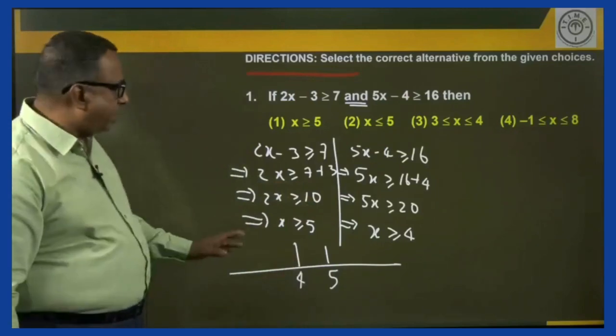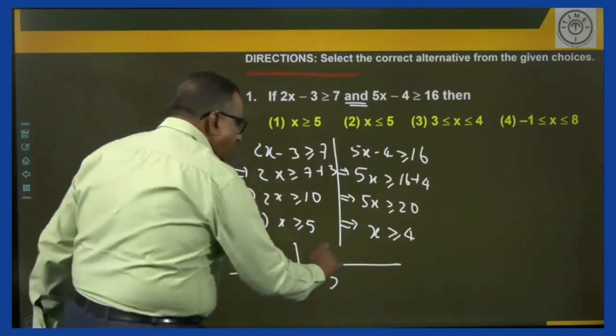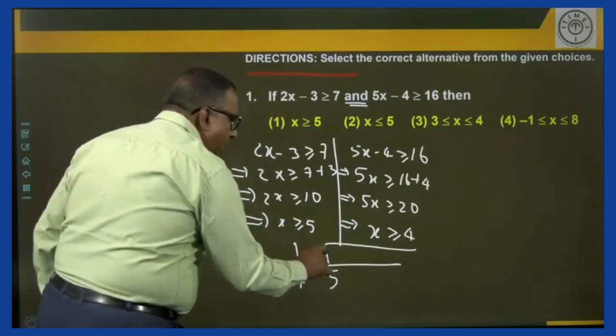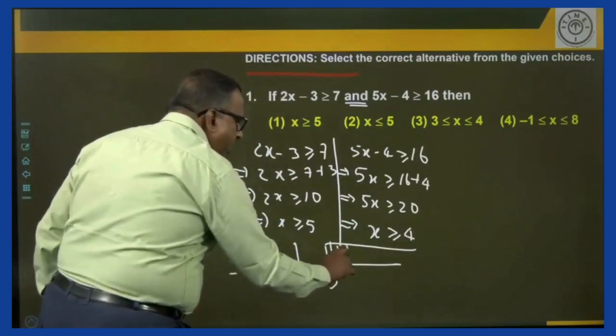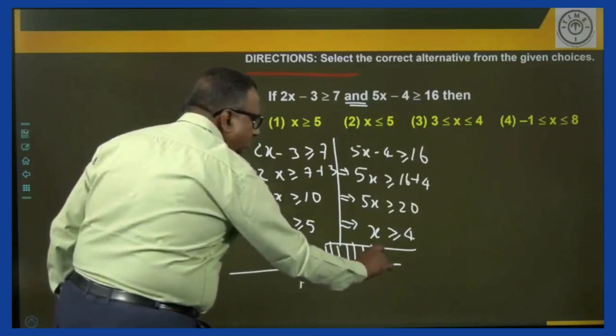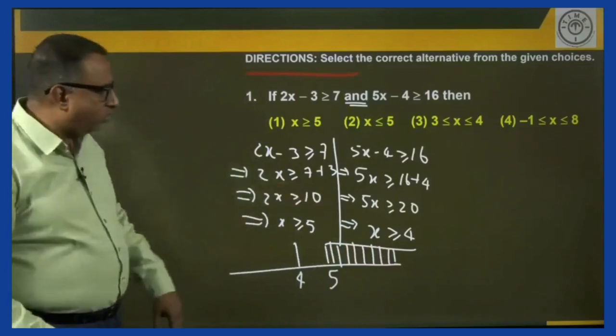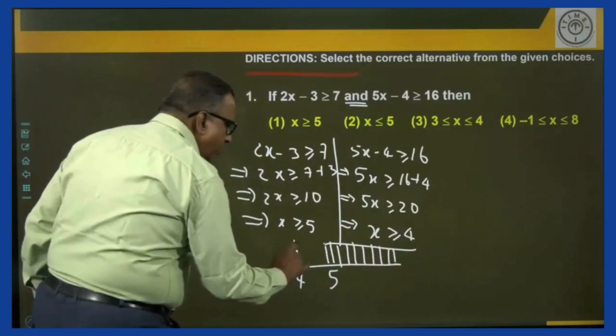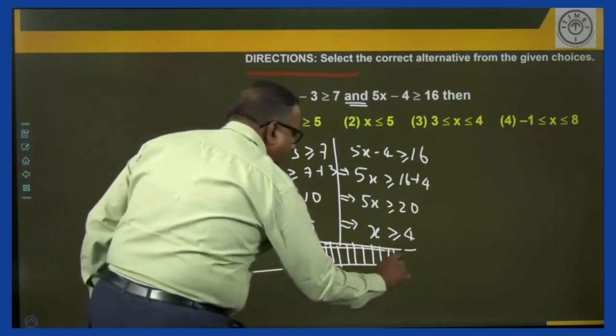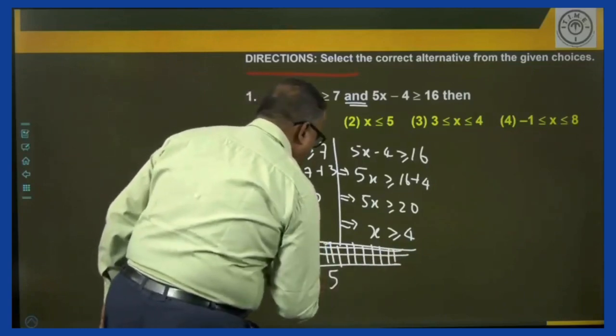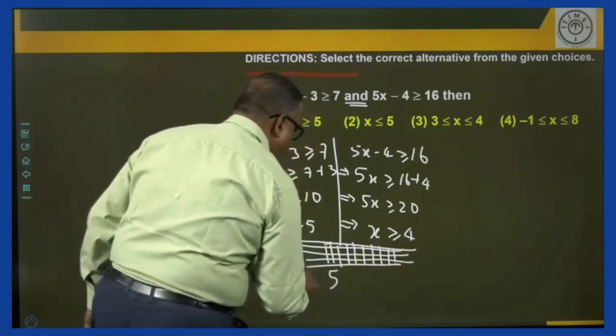Please understand, you are saying x greater than or equal to 5. For that I'll give all vertical lines. For x greater than or equal to 4, I'll give all horizontal lines.